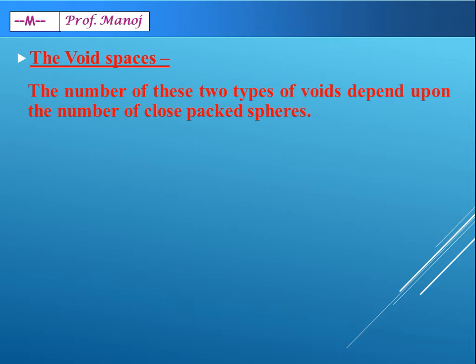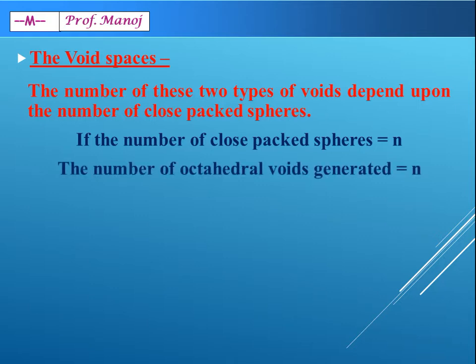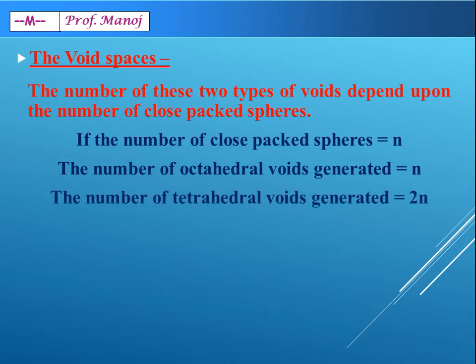How many of these void spaces are created is quite important to know. The number of the two void spaces depends upon the number of close packed atoms. Suppose the close packing contains n atoms, then the number of octahedral voids generated is n. So close packed atoms and octahedral voids are always equal in number, while tetrahedral voids are always double in number.